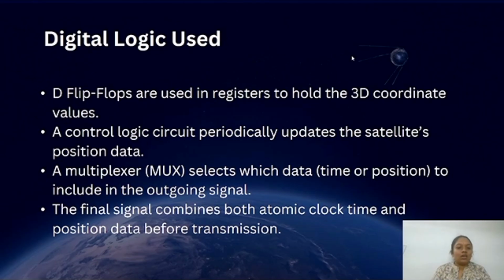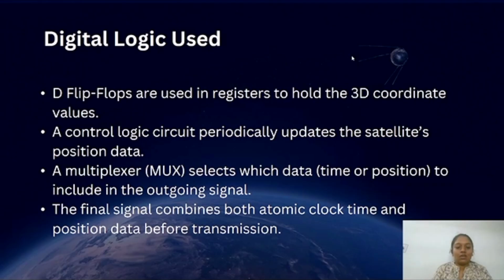For that it uses a digital register, and to hold the data inside this register it uses D flip-flops. This flip-flop stores the satellite's orbital coordinates, and a special control logic circuit updates them from time to time. Then a multiplexer is used, which decides what data to send in the signal, the time or the position.